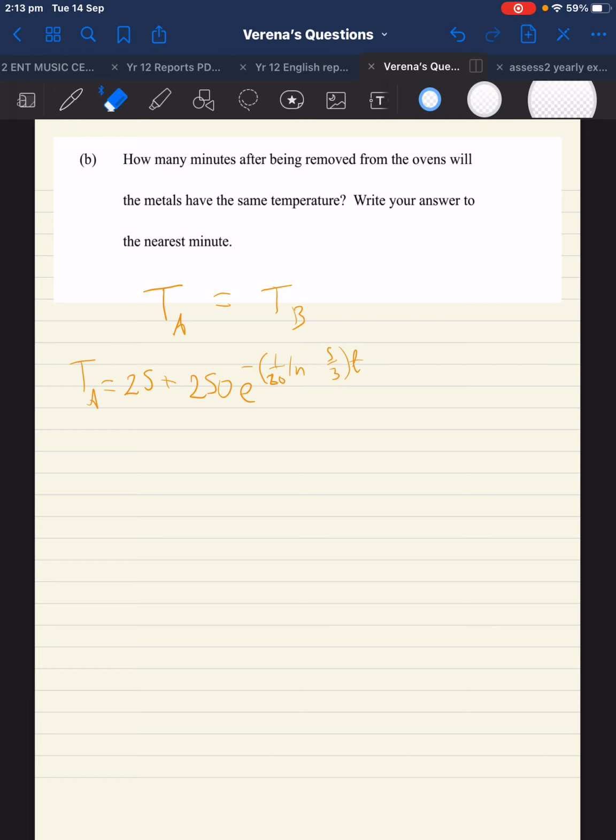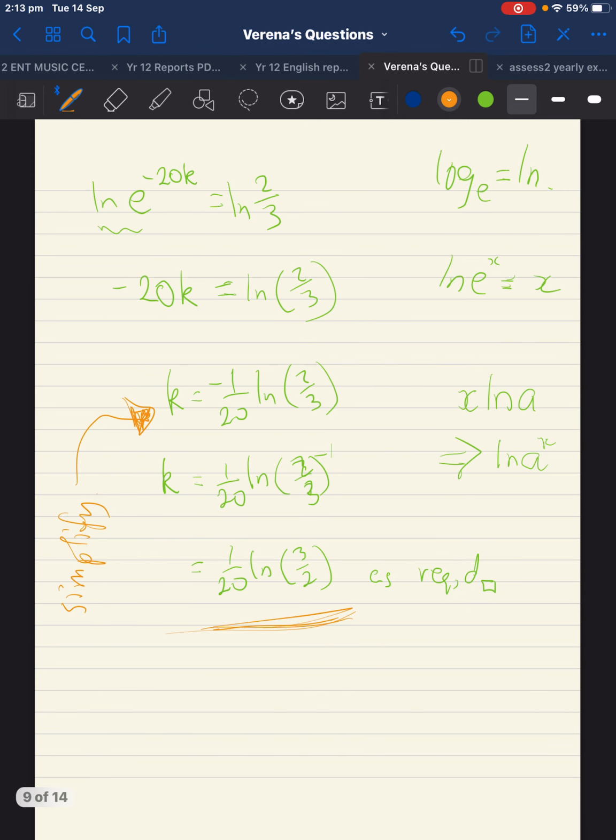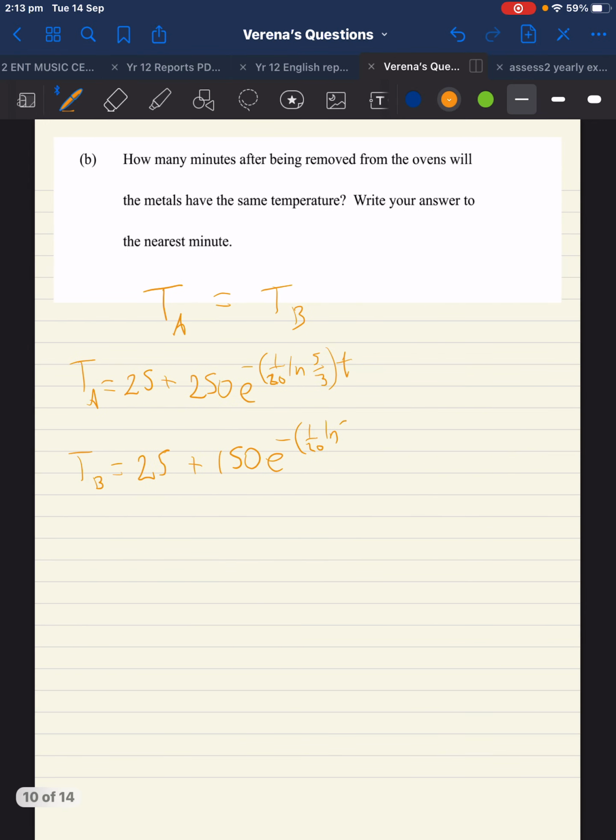I really should be double checking, but natural risk taking. Okay, and the formula for temperature B was this, minus 1 on 20 ln, is it 3 on 2, t? Okay, alright. So there are two formulas, and we're just trying to find when these two are equal to each other.